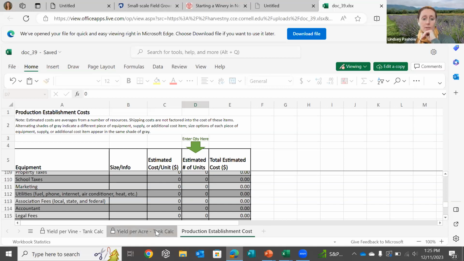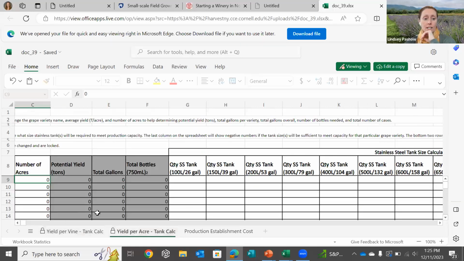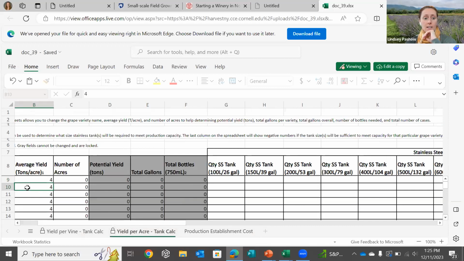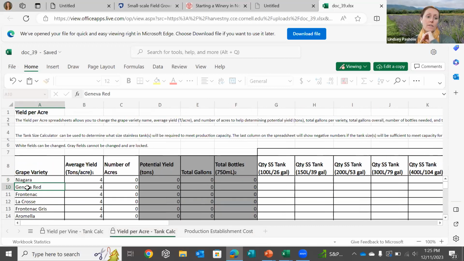And then there's a field that looks specifically at yield per acre or yield per vine. You could potentially figure out how many gallons would be produced, how many total bottles, and then it would give you an idea of what size tank you would need for your operation.